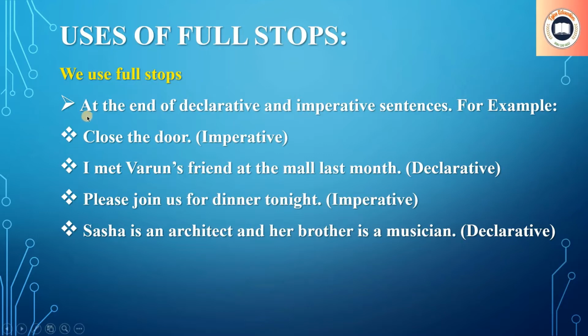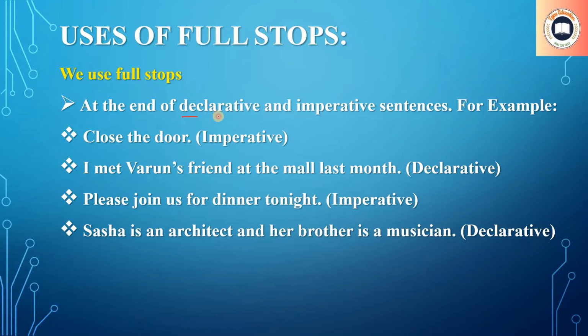Let's see. We use full stops at the end of declarative and imperative sentences. What are declarative and imperative sentences? Declarative sentences are the normal sentences that we use, but they are also known as assertive sentences, and they state a fact or give an information about something. Those kind of sentences are known as declarative sentences.